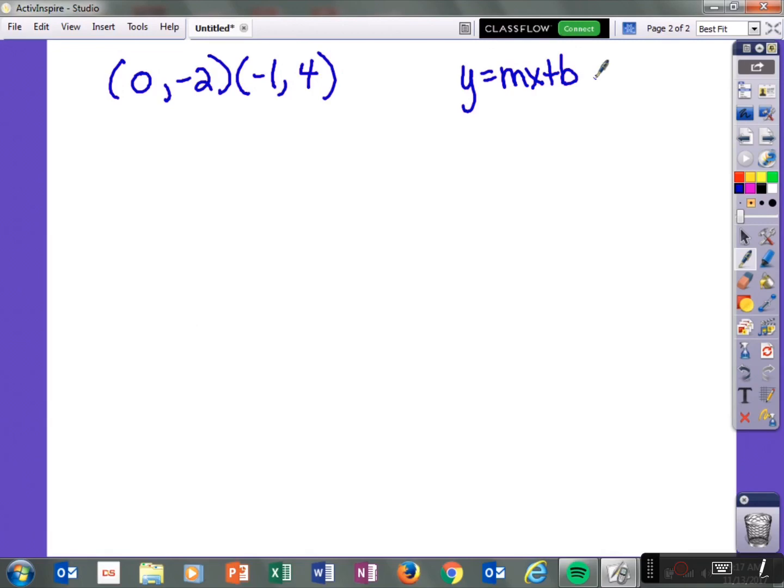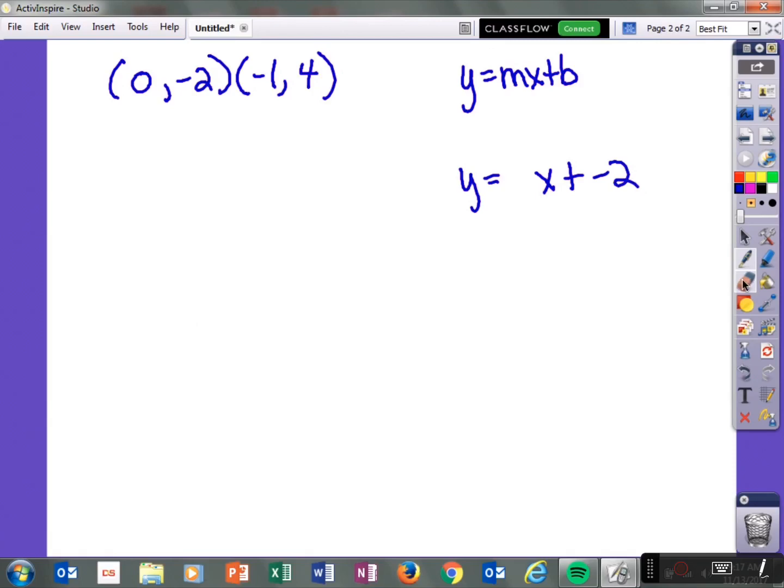What are you going to have to find first? The y-intercept. What is the y-intercept? Is it negative 6 over 1? Is that the slope? Negative 2 is our y-intercept. How do we know it was negative 2 and not 4? Because it had a 0 as its x. Okay? Are we going to put plus negative 2?